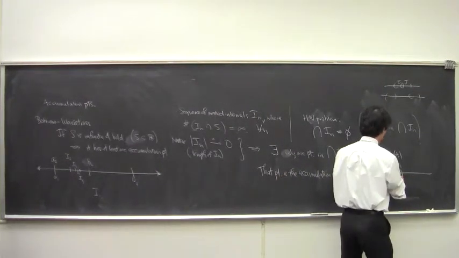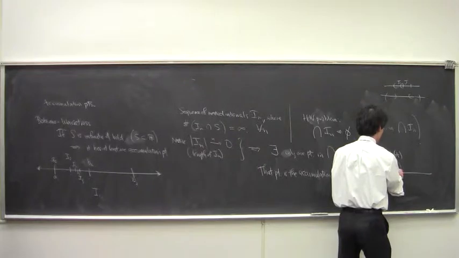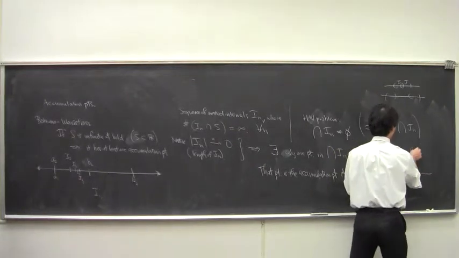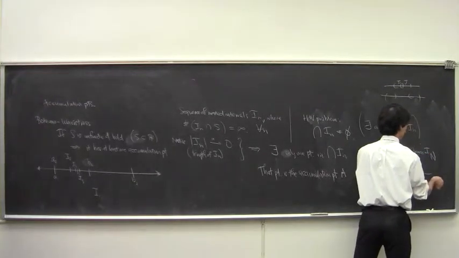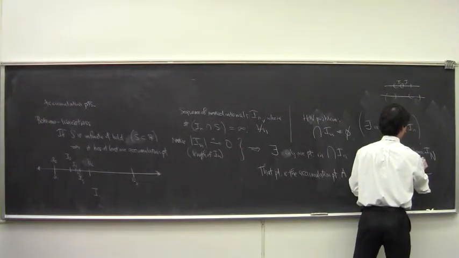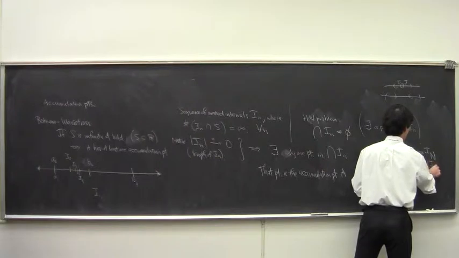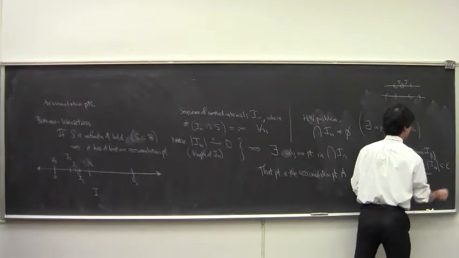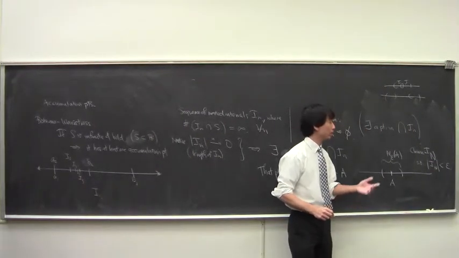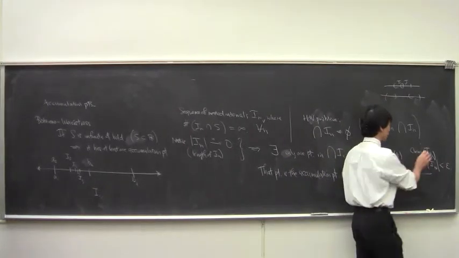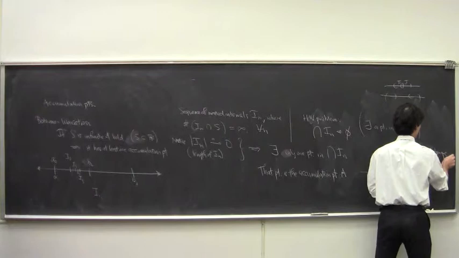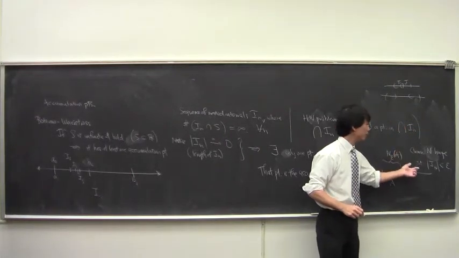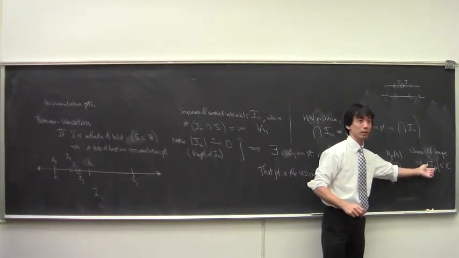So you say, okay, I'm going to choose I sub capital N big enough such that the length of I sub n is smaller than epsilon. Choose some huge n so that I sub n is smaller than epsilon.